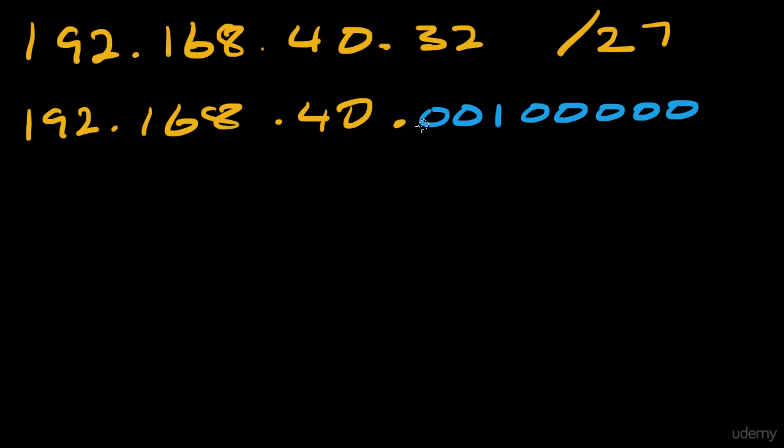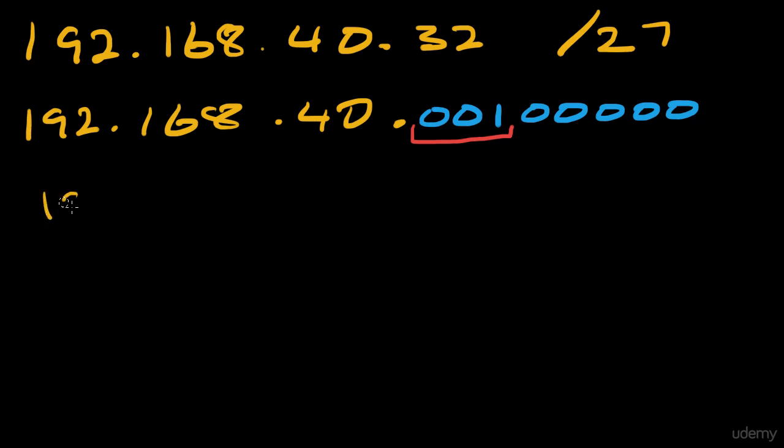With /27, the subnet bits are these first 3 bits. And the last 5 bits are host ID bits. Therefore, the first valid IP address for this range would have these host ID bits as 00001.